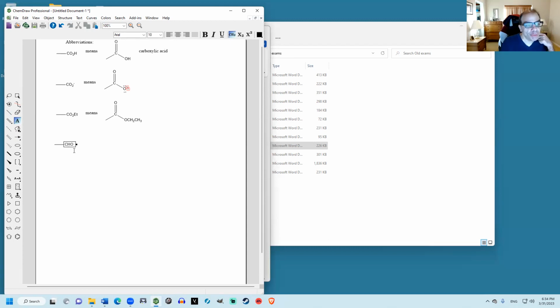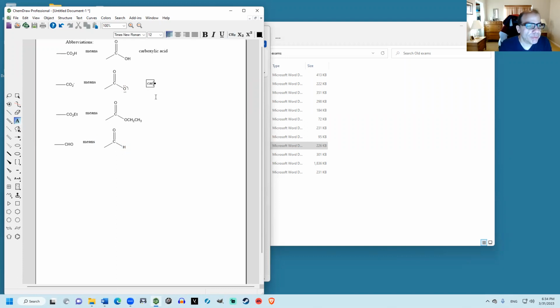Now, as I said, I'm trying to avoid using these nowadays, both in class and on my exams, but I see they're used on the practice exam and are in the answer key as well. So I just want to make sure that everyone understands. And CHO means C double bond O, H.